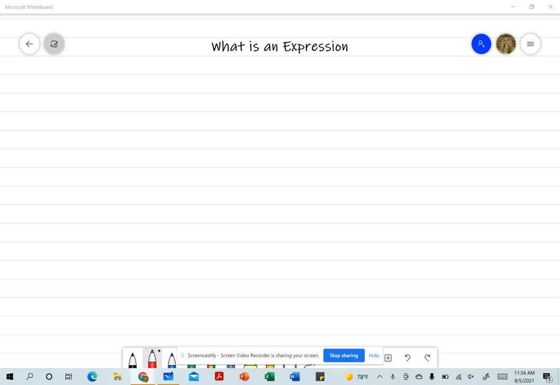Question is, a lot of people don't quite know this, and I get this question all the time in this first unit. So I just really want to make sure that we know what it is.